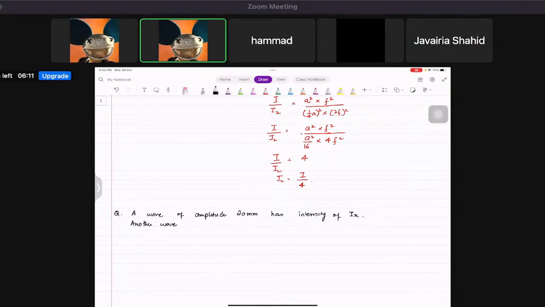Another wave of same frequency but amplitude of 5 millimeter has intensity Iy. So it says, what is the ratio of Ix over Iy? Alright, so this time I want you guys to do this.